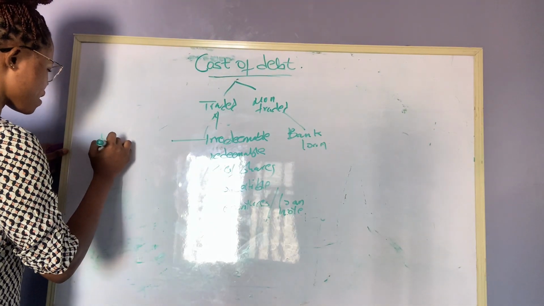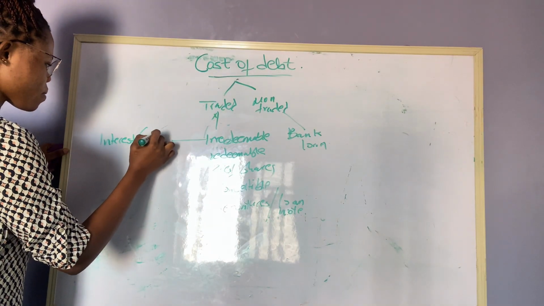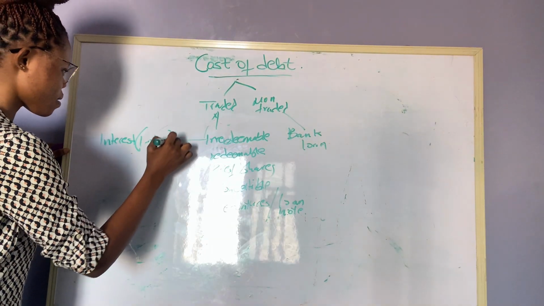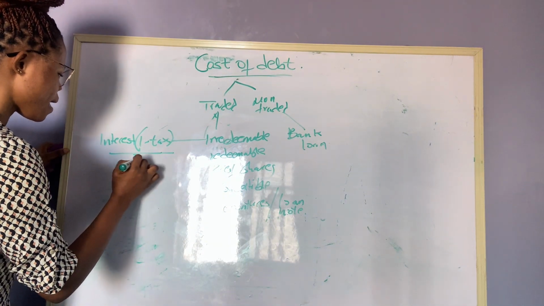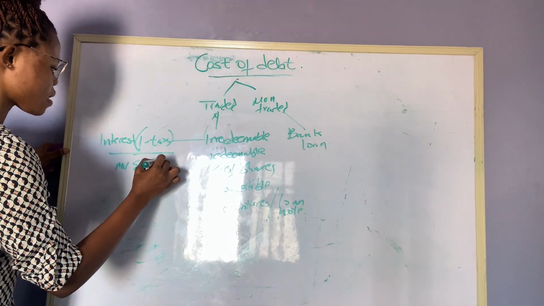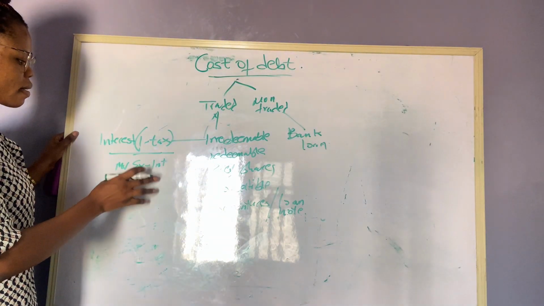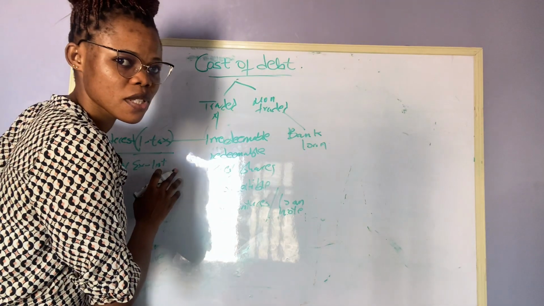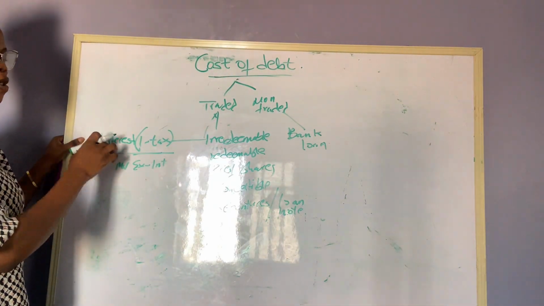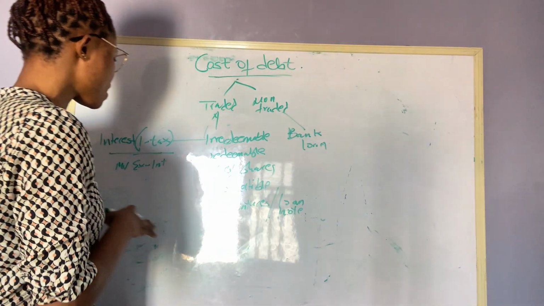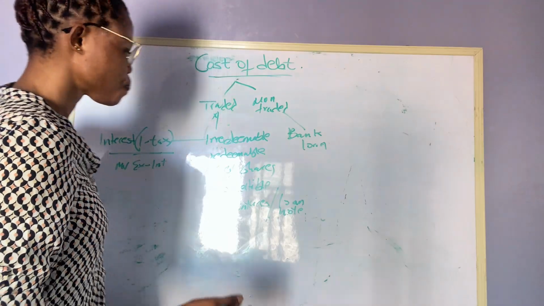The formula is interest times one minus tax rate, all over market value ex-interest. So market value ex-interest is the market value after interest has been deducted. The interest is the normal annual interest, and the tax is the applicable tax rate.